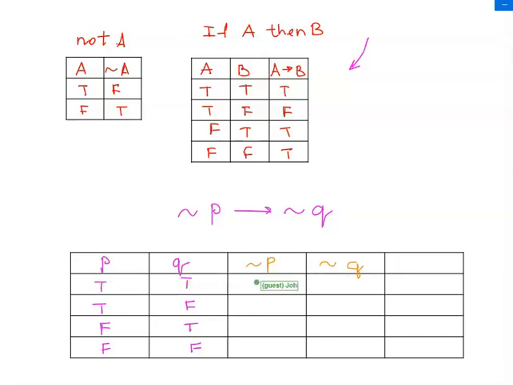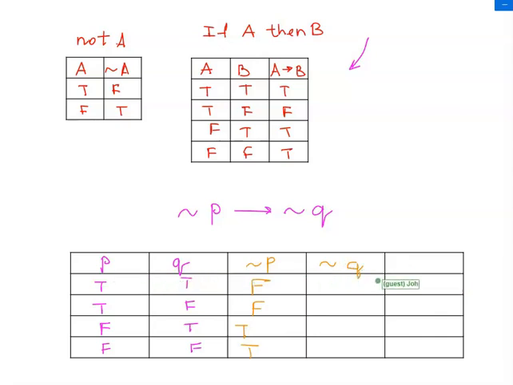P is true, so not P will be false. P is true in this row, not P will be false. P is false in this row, so not P will be true. It's just the opposite. Here in this row, P is false, so not P will be true. Okay. Now let's do our not Q's.